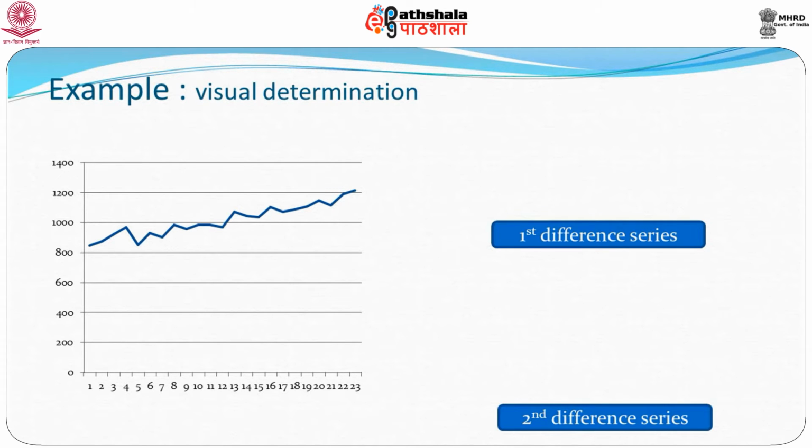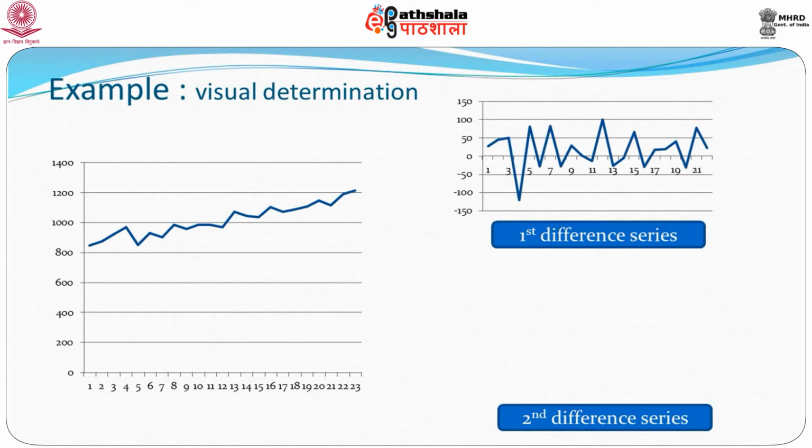So, there is an increasing trend in this data. Now, on the right hand side in the first panel, what we see is the first difference of the series, and now the series has actually flattened out and is oscillating around the 0 line.